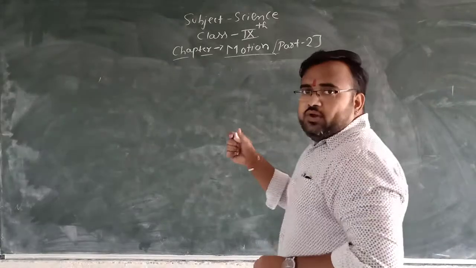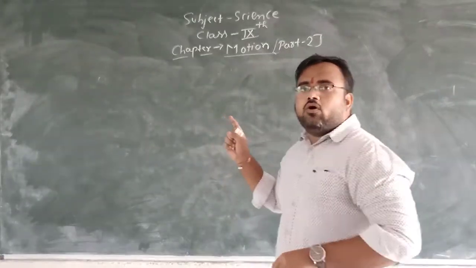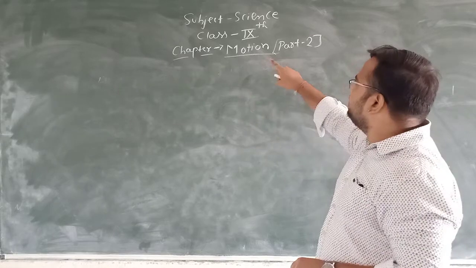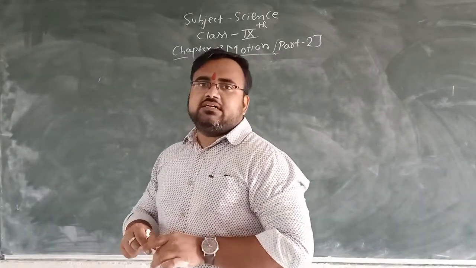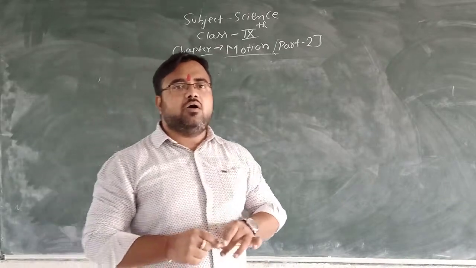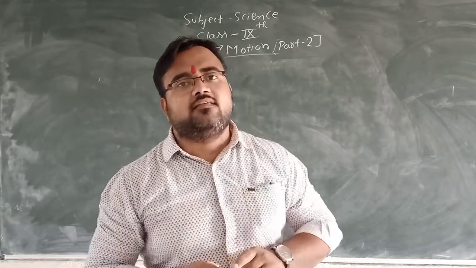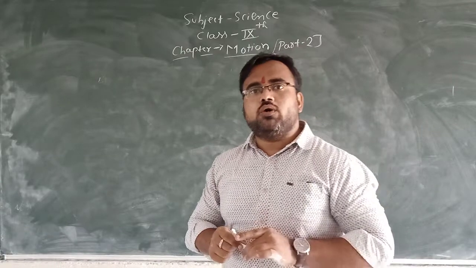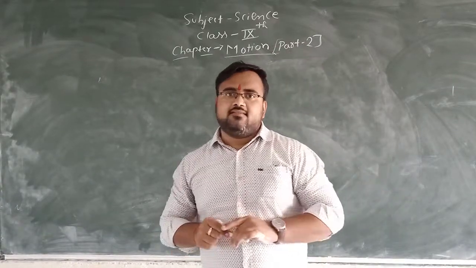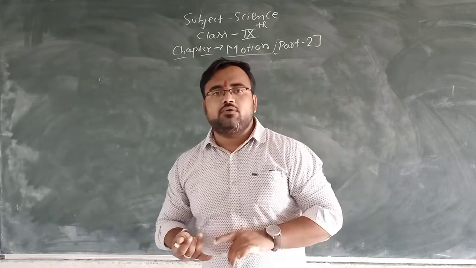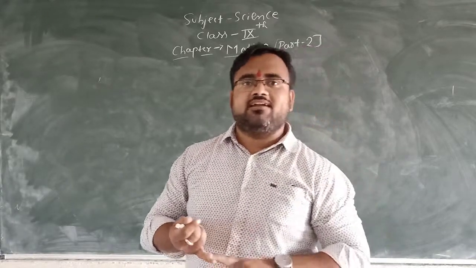Okay, so today we'll start the second part of this chapter, motion. In the previous lecture, we discussed distance. Distance is the total pathway covered by an object. We have already talked about scalar quantities and vector quantities.